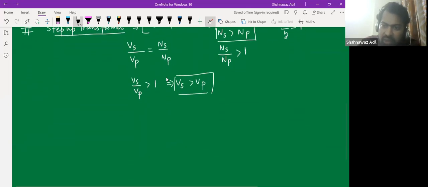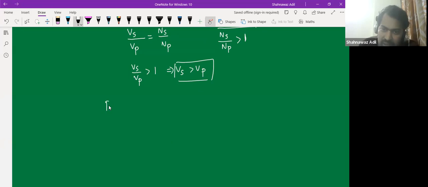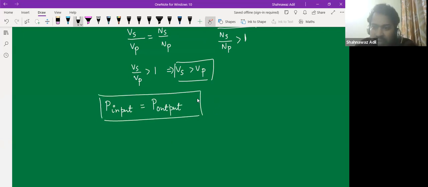And I know that, let's say I transfer full power to the secondary coil. So power input is equal to power output, right?